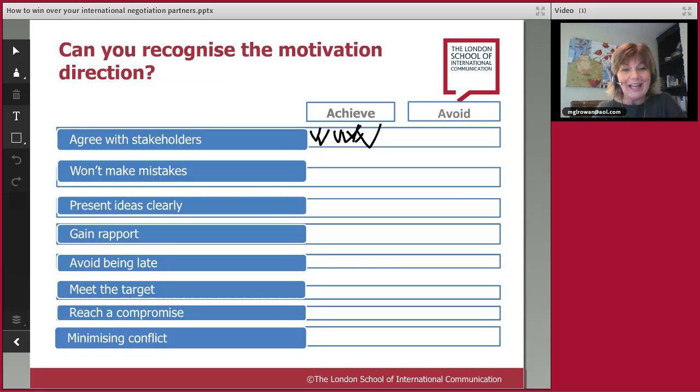Yep, we're there. So yes, agree with stakeholders is an achieve statement. What about won't make mistakes? Great, you've got it. And present ideas clearly. What about that one? Perfect. Gain rapport.